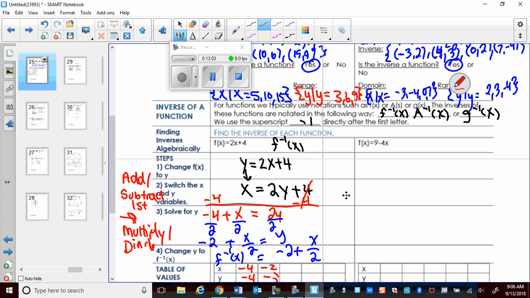It doesn't have to start in the same place, right? You got that. What do you do first in the next one? Look at it. Go ahead and get started on the next one. Change f of x to y.